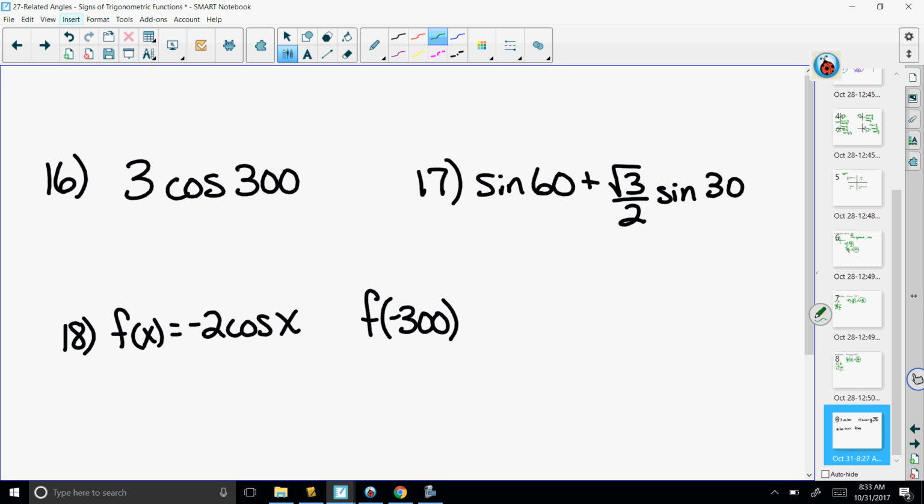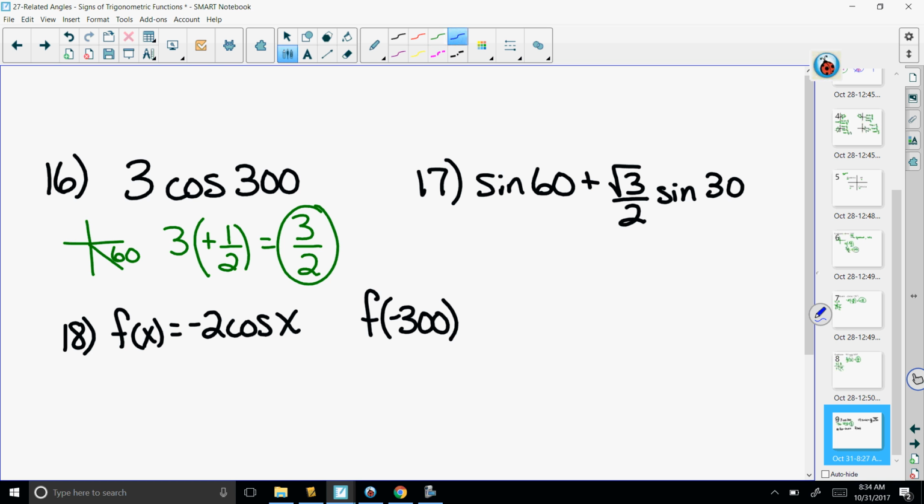So we look at the first one. What quadrant? 300 degrees. Fourth, reference angle is 60. So I'm going to have 3 times. What about cosine in the fourth quadrant? It's positive. What is the cosine of 60 degrees? 1/2. So your answer is 3/2. The second one, both 60 degrees and 30 degrees are first quadrant angles, and they're positive. What is the sine of 60 degrees?